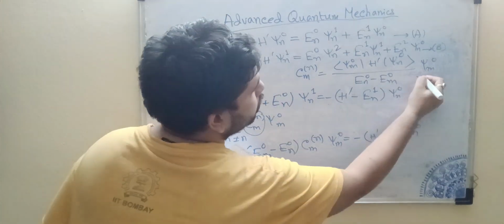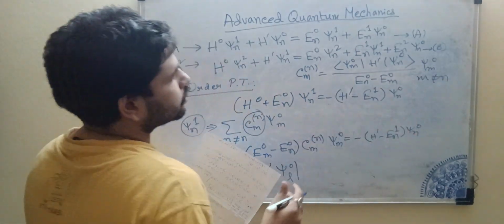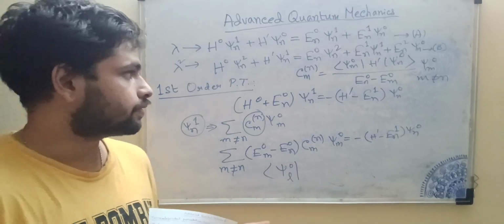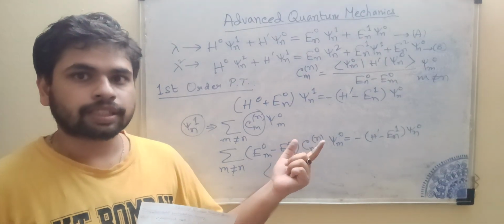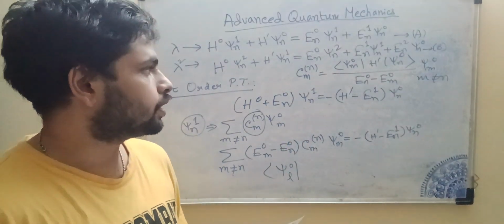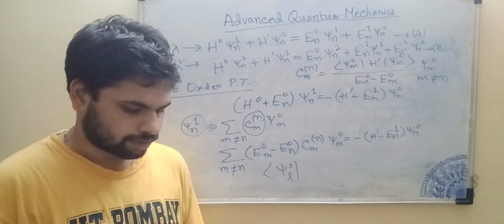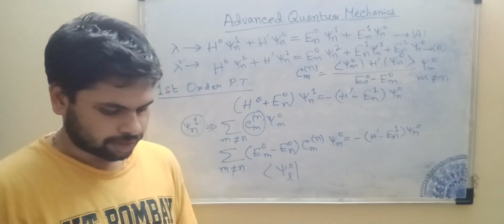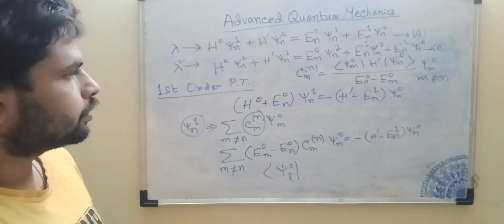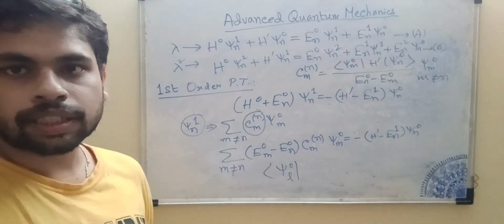So m must not be equal to n. This is the non-degenerate case. If there is a degenerate case, where m equals n, that will be discussed in the next videos probably. So finally we will get the wave function.